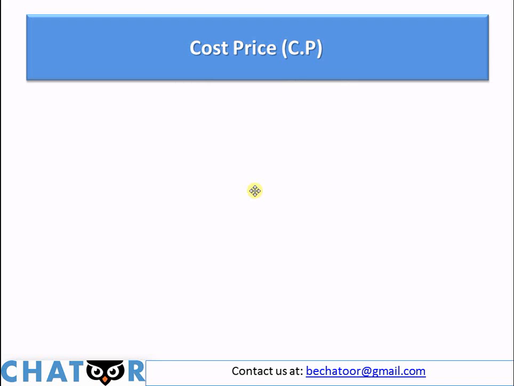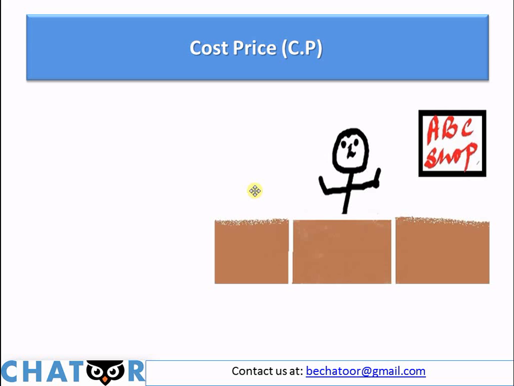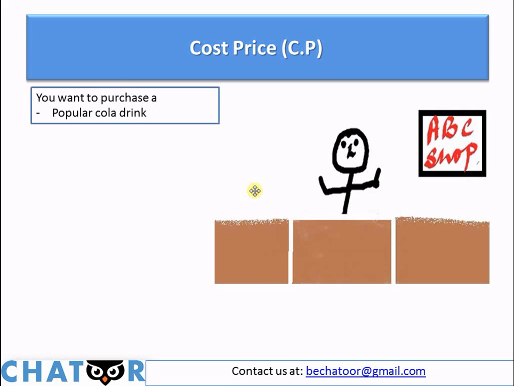Everything that we're going to talk from this point forward is from the seller's perspective or the shopkeeper's perspective. So let's say you want to purchase a popular cola drink. Now, when you go to the shop, the cola drink is refrigerated, it's nice and chilled, and all you have to do is pay the money and pick it up and leave.